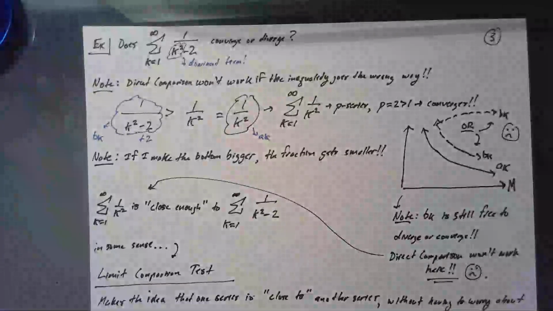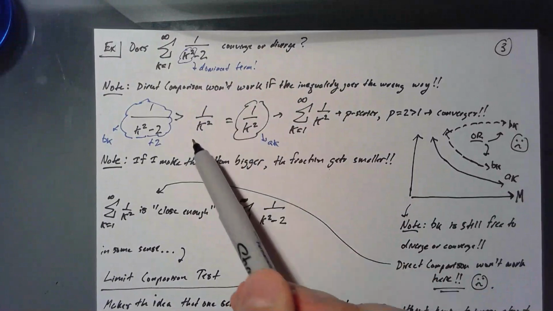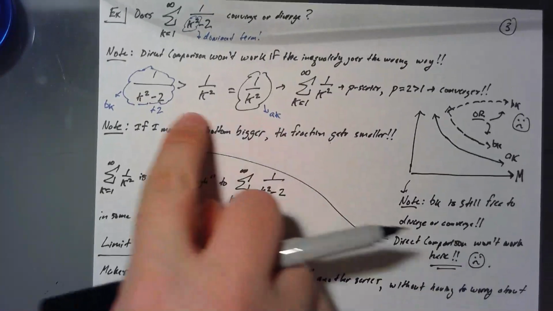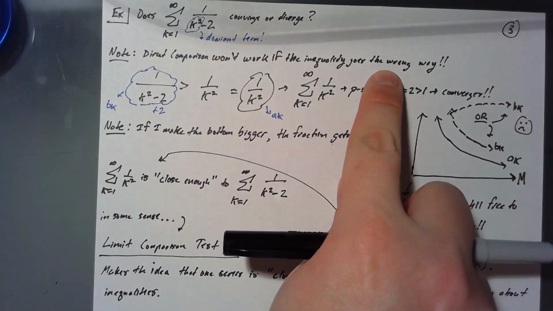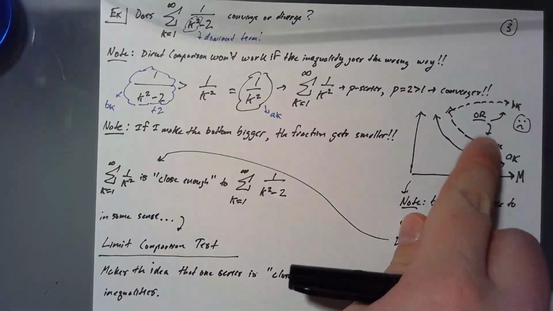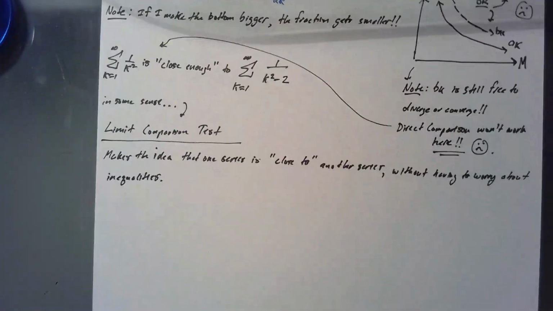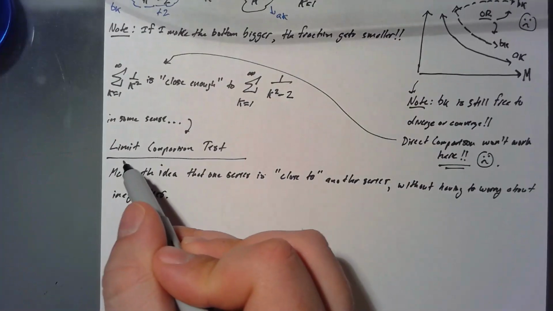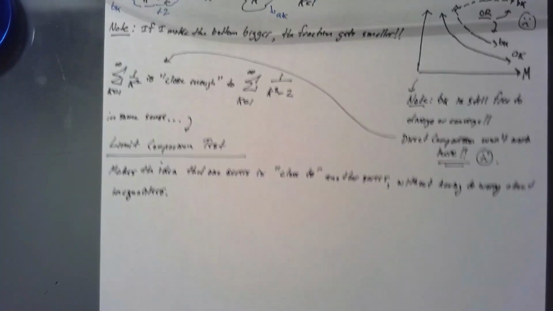So, like in this case right here, yes, it's true that this is a p-series, but like I've said several times, the inequalities are not set up the right way. I can't draw a conclusion this way because this series could still diverge or converge. So because in this case the inequalities don't work, I'm forced to try the limit comparison test.